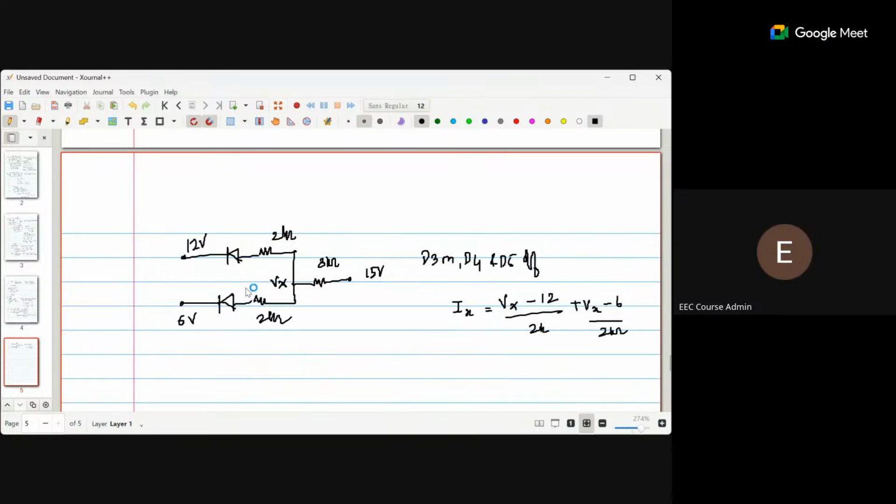That means Vx minus 12 by this one, here this side Vx minus 6 by 2 kilo ohm. That is equal to this side, it will be 15 minus Vx by 3 kilo ohm.